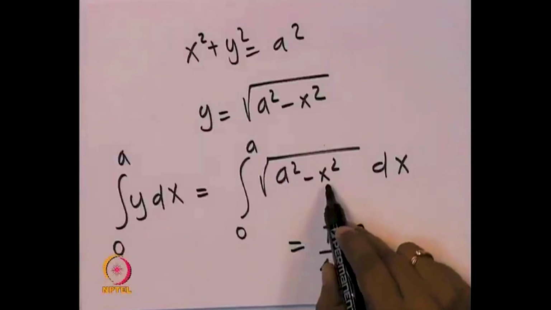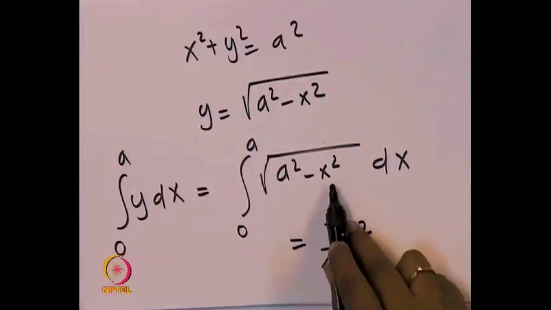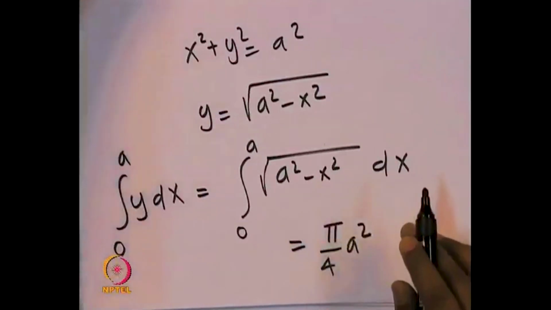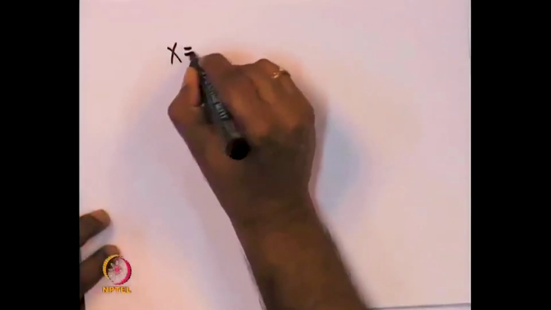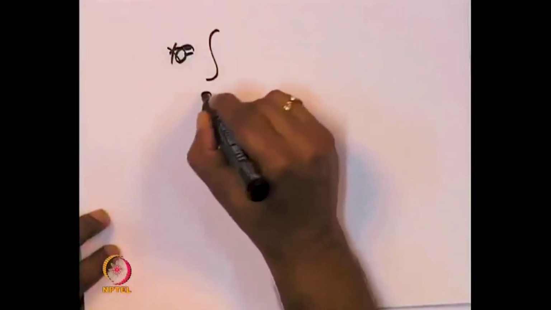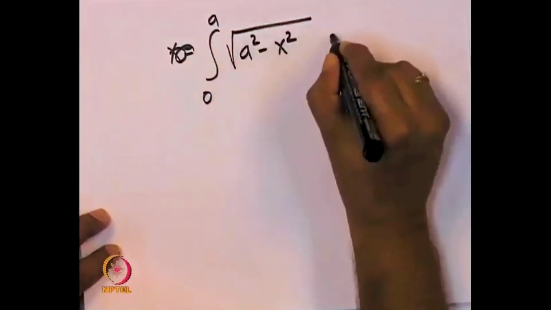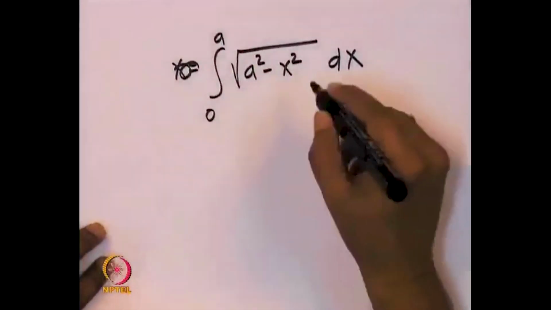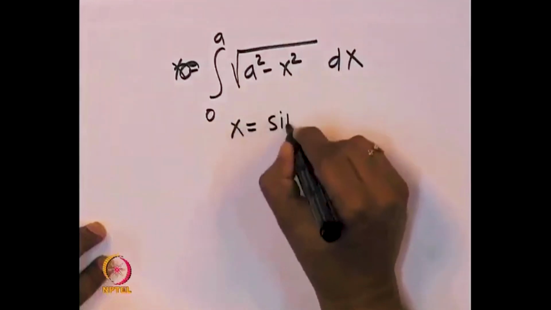Okay. So, now let's do one way of doing it. One simple way of doing it is to substitute x is equal to, let's say, sin theta. So, what we want to calculate is 0 to a root of a square minus x square dx, and let's substitute x is equal to sin theta.